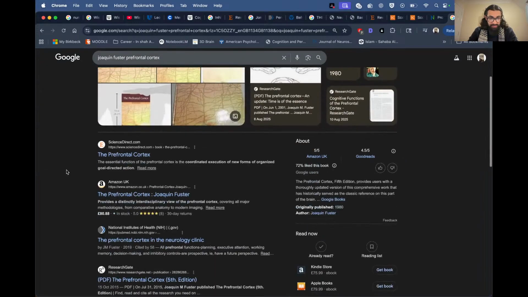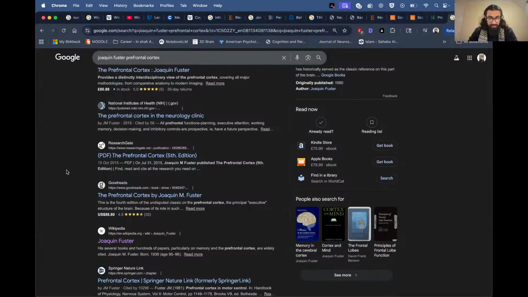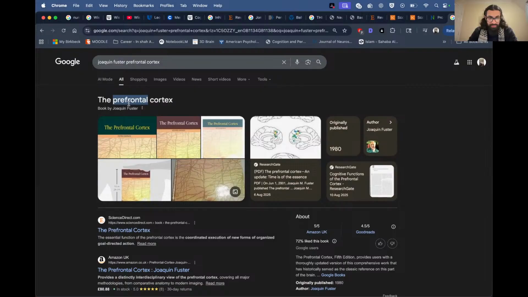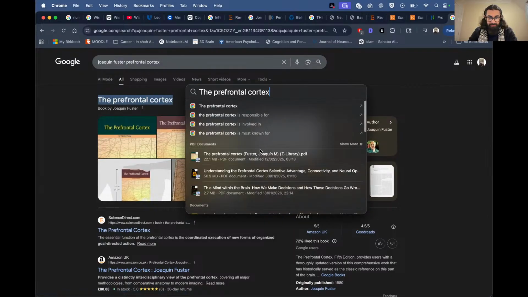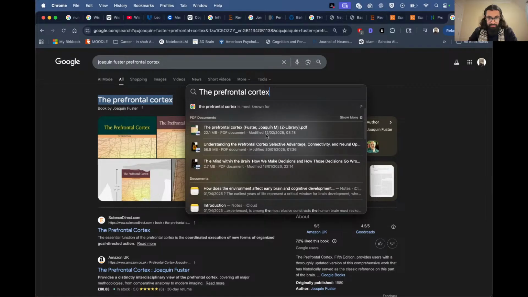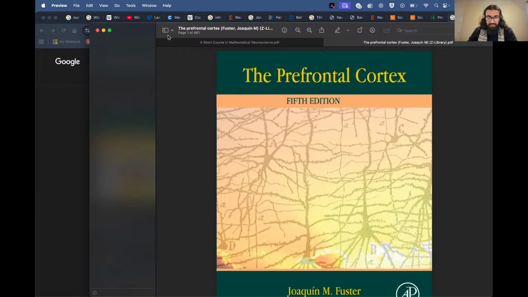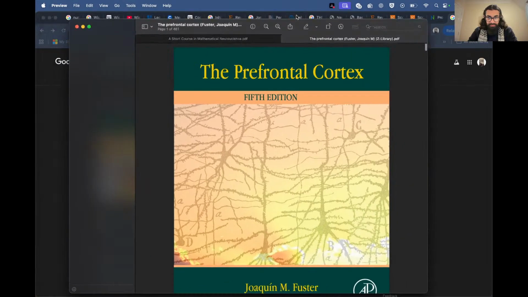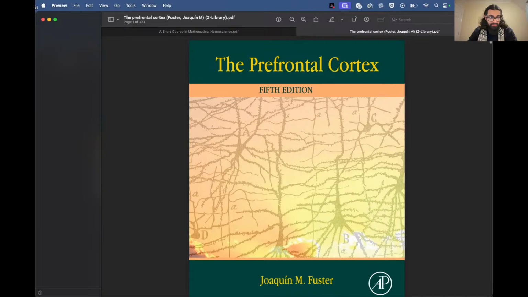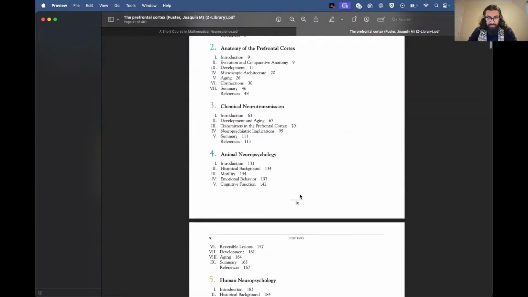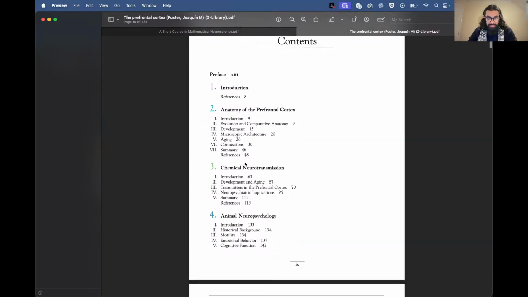In fact, he has an entire book called Prefrontal Cortex, so pretty sure I have it on my laptop here. Yep, here we go. 12th of Feb 2025. Okay, so prefrontal cortex. We are gonna go with his definition here.